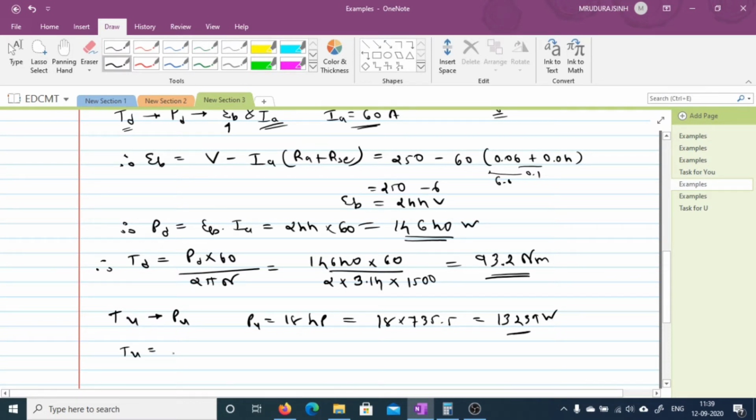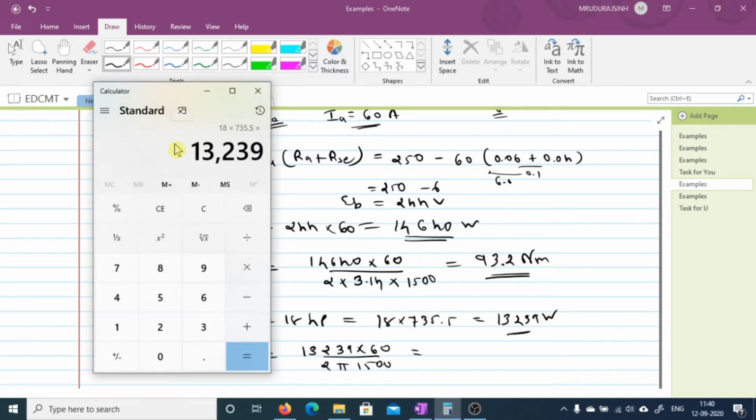So useful torque is equal to P useful multiplied by 60 divided by 2 pi n. 13239 multiplied by 60 divided by 2 pi 1500. Let's just calculate.